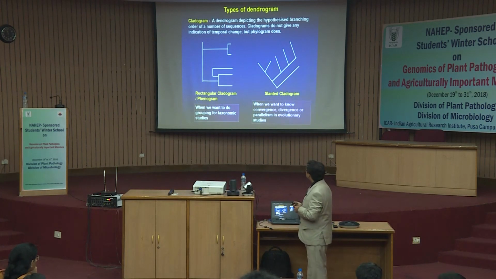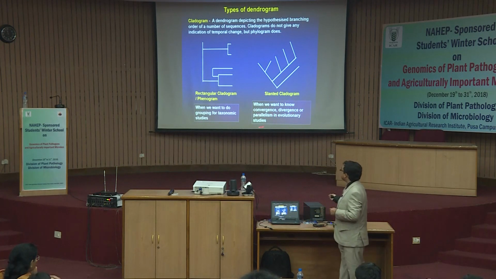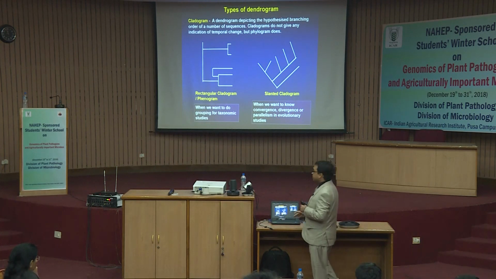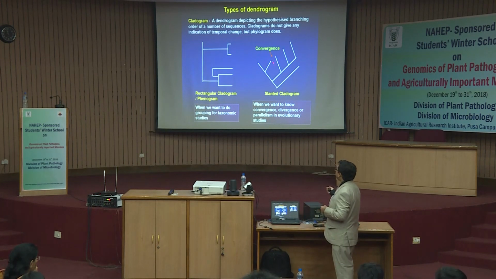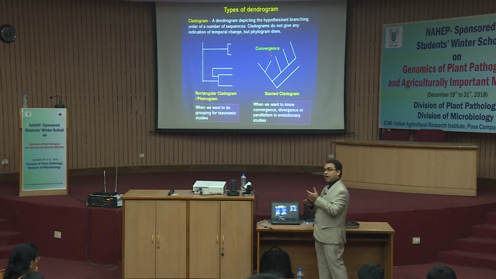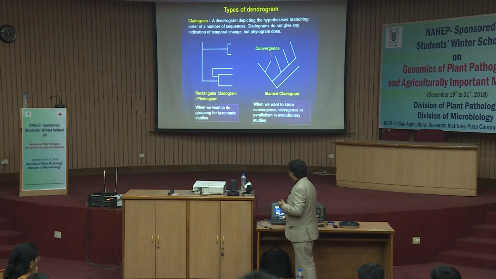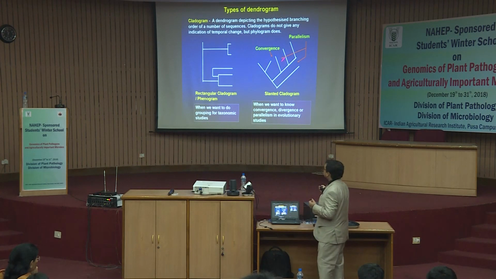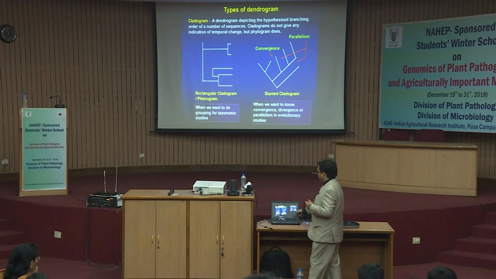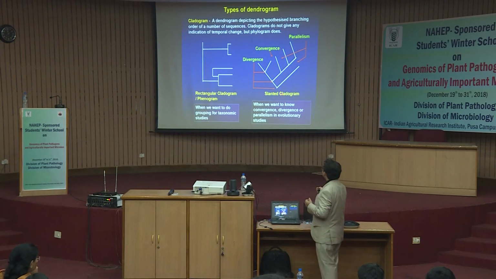Slanted cladogram is used when you want to know convergence, divergence or parallelism in evolutionary study. This is a kind of convergence, that in future these two sequences, though they are originally from two, due to continuous mutation may converge and again give one single entity. This is called parallelism. Parallelly they are evolving. This is the divergence, that it started and then diverges, again going diverge.